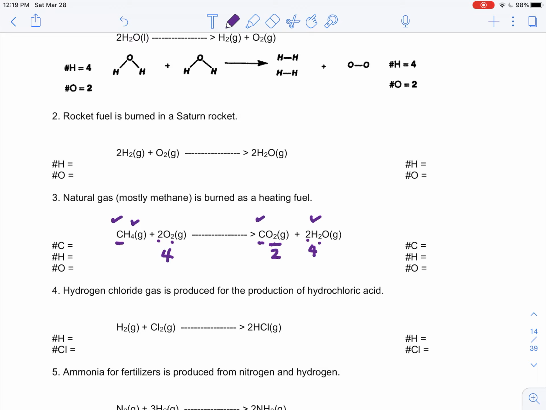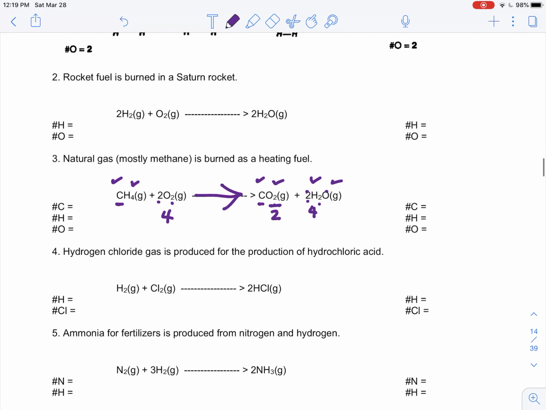We have 2 oxygen on this side, 2 oxygens here, so your oxygens are also the same. So on both sides of the arrow, we're looking at how the amount of atoms of each element are identical on both sides, and that means that our chemical equation is balanced.